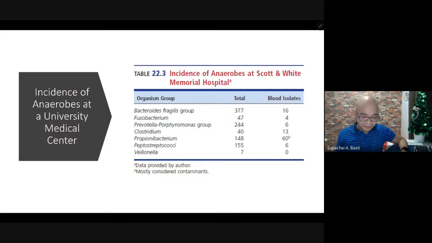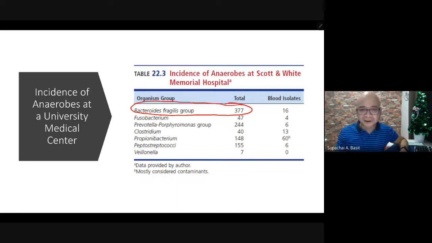So what are the most commonly isolated anaerobic bacteria? It says here, the most commonly isolated anaerobic bacteria in a particular hospital would be Bacteroides.